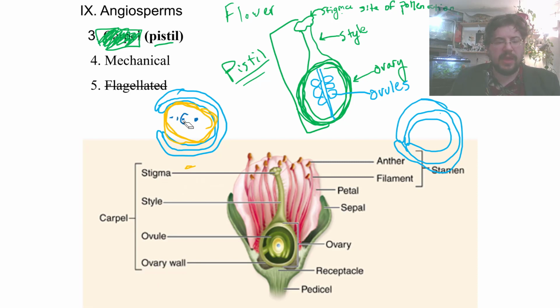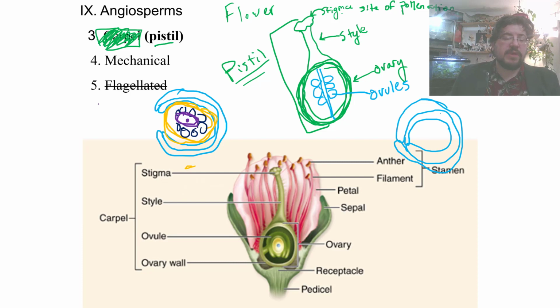Even I get brain twisted on this one, but that's okay. Only one megaspore survives, and that megaspore produces the megagametophyte. Right, and that megagametophyte produces the archegonium, which produces the egg.